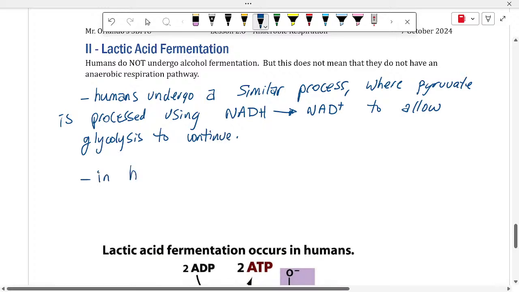In humans, the byproduct is not ethanol, but lactic acid.